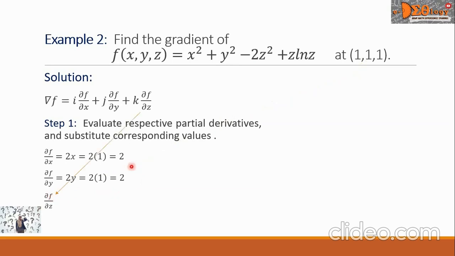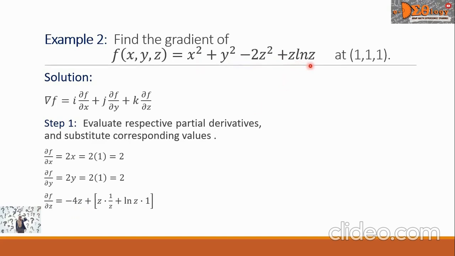Now, partial derivative of f with respect to z. Looking here, there are two terms with z variable, while there are two terms also without z variable. So the x squared plus y squared, taking derivative, will get 0. Now, derivative of negative 2z squared will be negative 4z, plus z ln z.